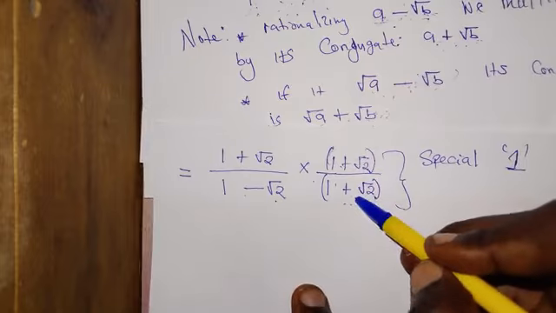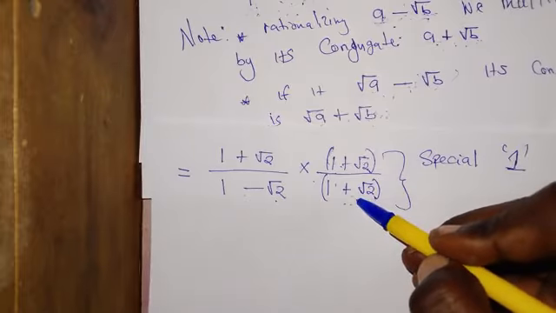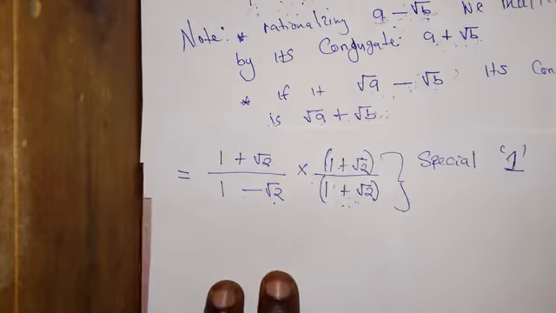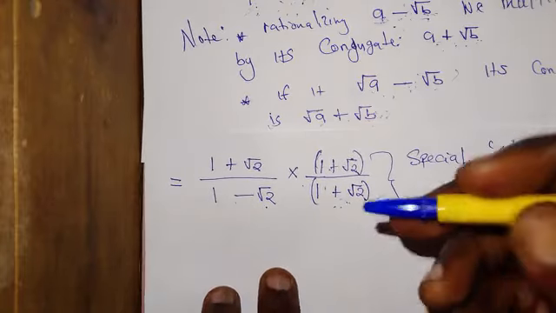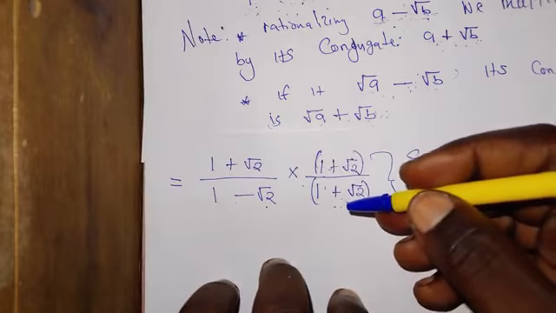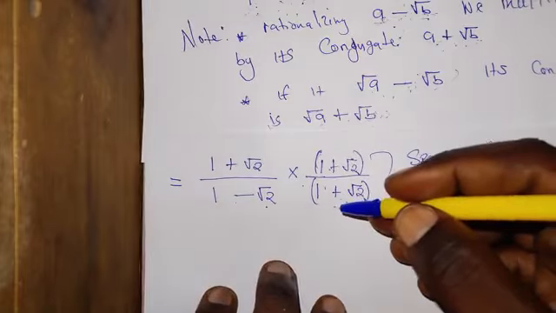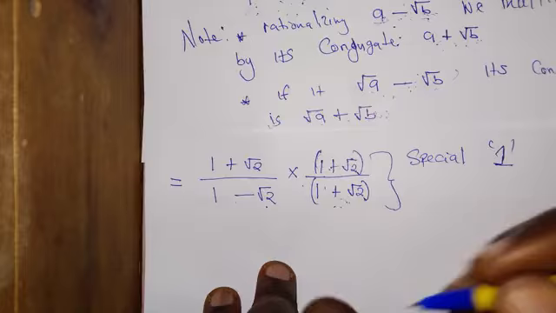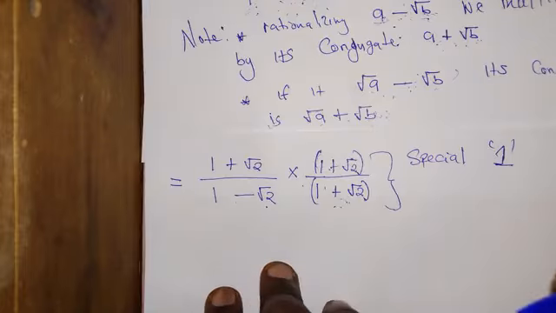Because if you divide these two, what you are going to have is just a 1. No wonder here, if you look at this mathematics closely, nothing is changing. It is just the same expression, but we just want to rewrite it in a rationalized manner.